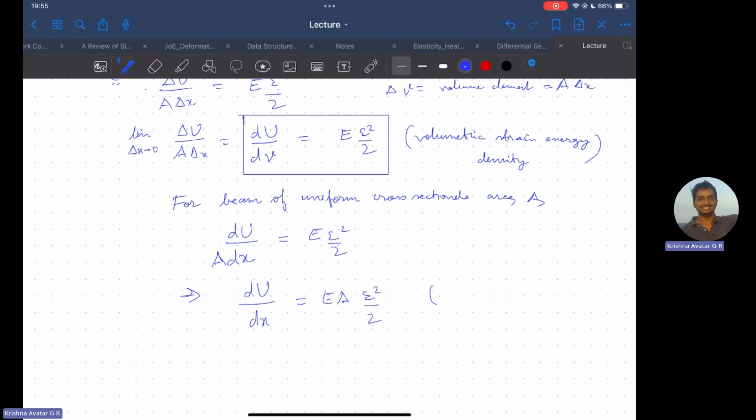And this is what we call the linear strain energy density. So far, so good.